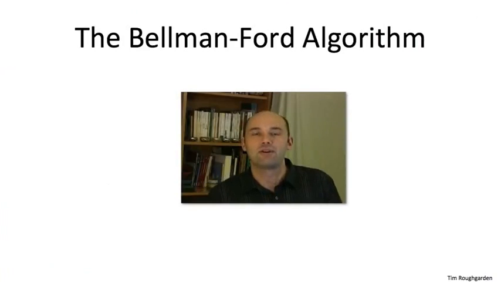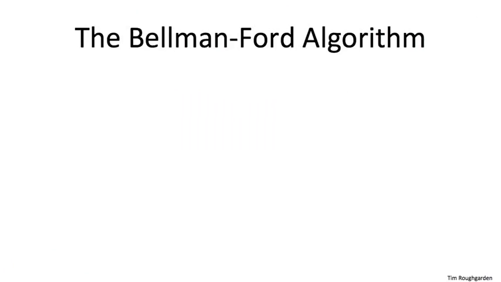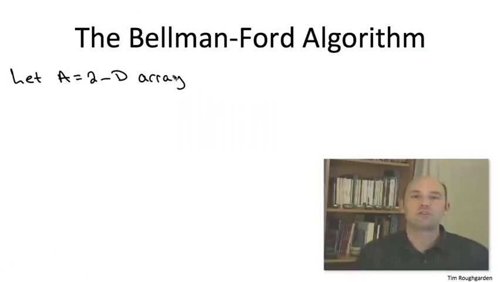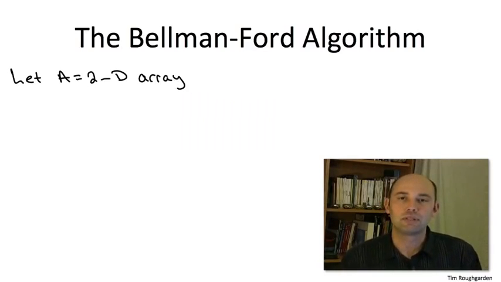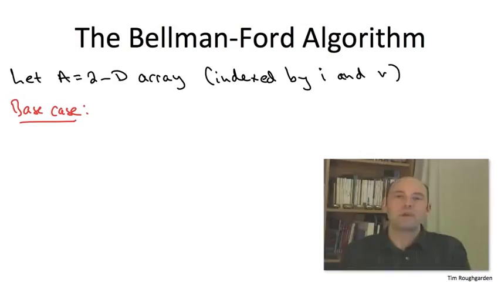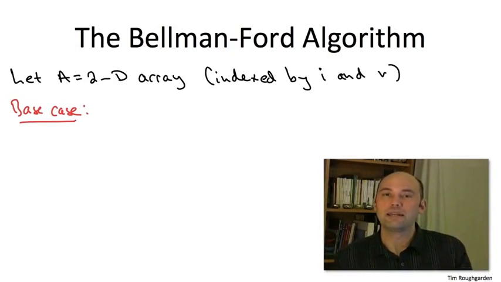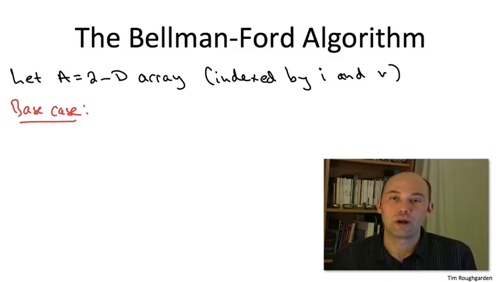So now it's a simple matter to write out the pseudocode of the justifiably famous Bellman-Ford algorithm. Because our subproblems are indexed by two parameters, the edge budget I and the destination V, we're going to have a two-dimensional array A. Remember that we're measuring subproblem size via the edge budget I. That's sort of the great idea in the Bellman-Ford algorithm, to introduce this edge budget to control subproblem size.